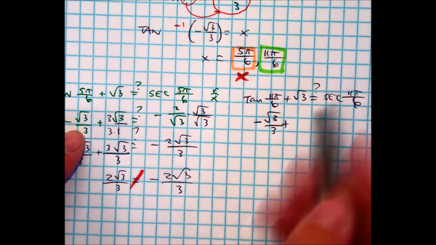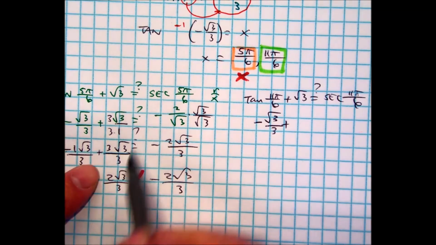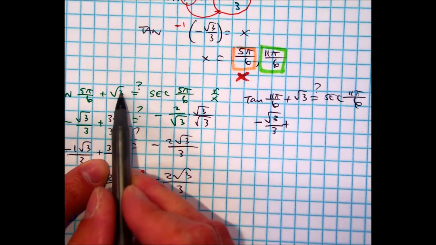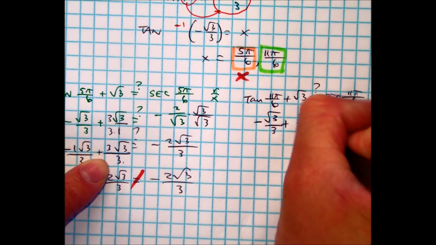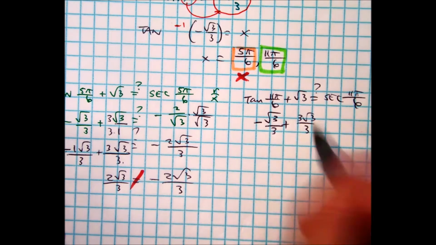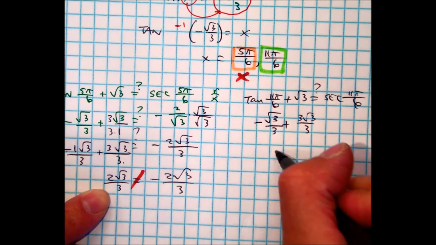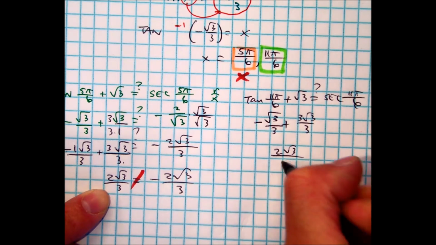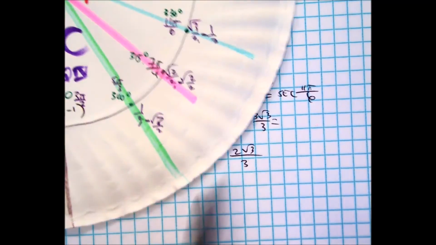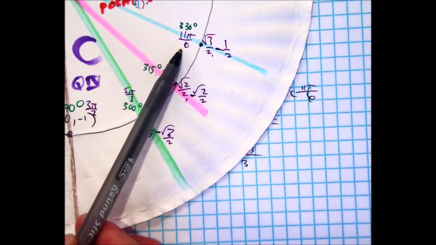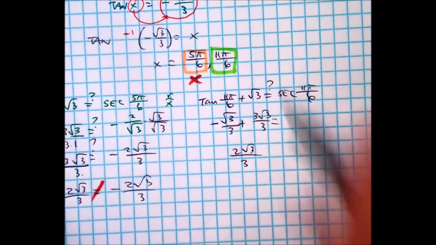And then we can kind of already speed up the process. We already know that this radical 3 is just going to become a 3 over radical 3. And this will become just a 2 radical 3. Secant at 11 pi over 6, R over X, that's a positive 2 over radical 3.